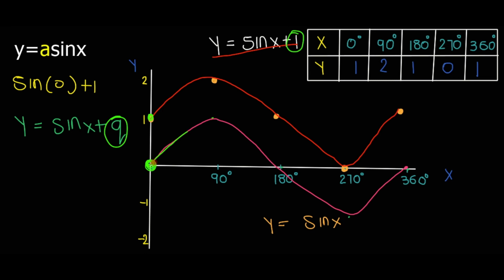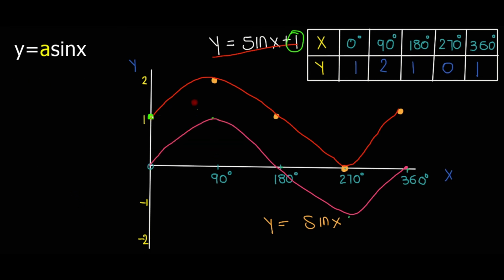This graph is the original graph of sine, it starts at 0. But now when you look at our graph, it no longer starts at 0, it starts at 1. This means that this graph moved 1 unit up. This means q = 1. So that is what you should always look at.